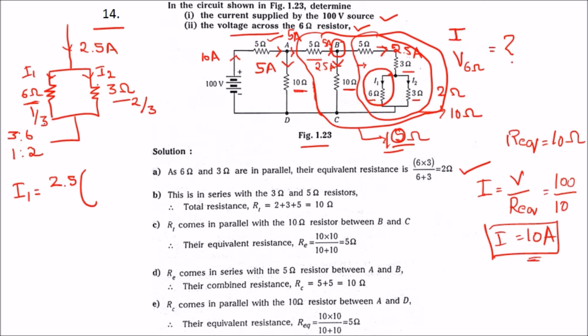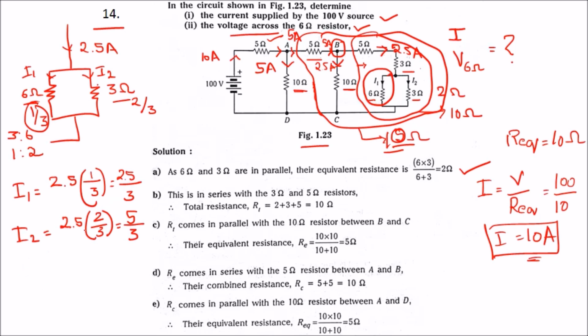So 1 divided by 3, 2.5 by 3, and again current I2 is equal to 2.5 into 2 divided by 3, that is 5/3. So we should find the voltage across the 6 ohm resistance.